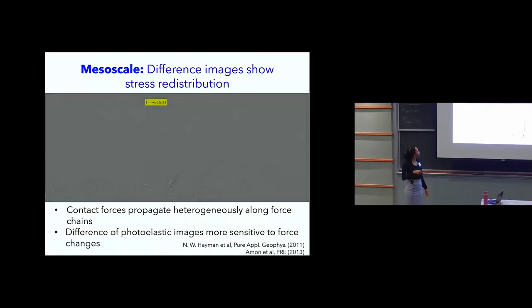Now we compare that behavior of the motion of our particles with some dynamic information. For that, we use our photoelastic images. Here we're able to track the contact forces using the images taken under polarized light, but there are quite sensitive changes that happen during the course of an experimental run. To highlight those changes, we use a difference of our photoelastic images.